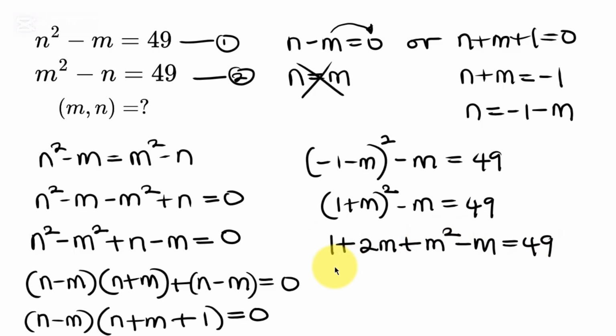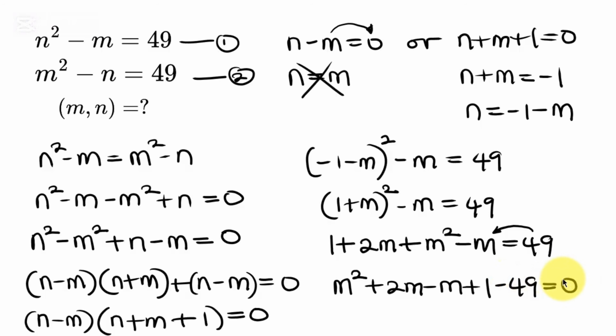I'll start with m squared, now plus 2m, then minus m, then I'll write 1, which is plus 1, and I'll move 49 to the left hand side to become minus 49. And this is equal to 0. And now simplifying further, we have m squared, 2m minus m is plus m, and then 1 minus 49 is minus 48, and this is equal to 0.